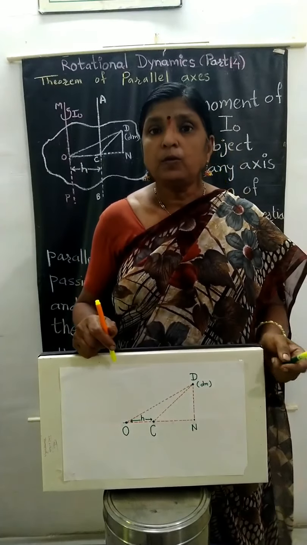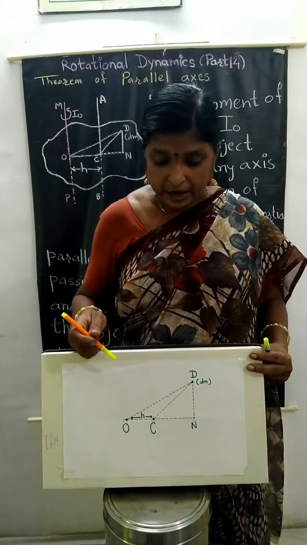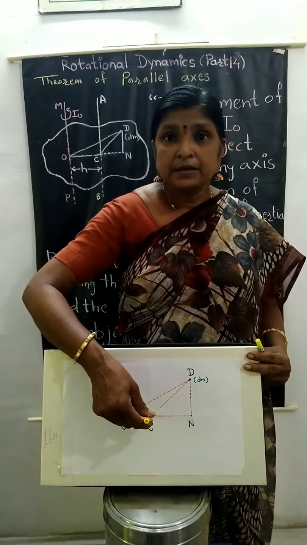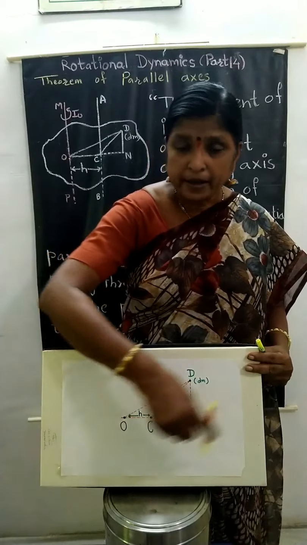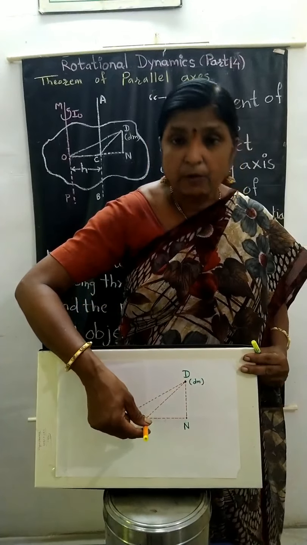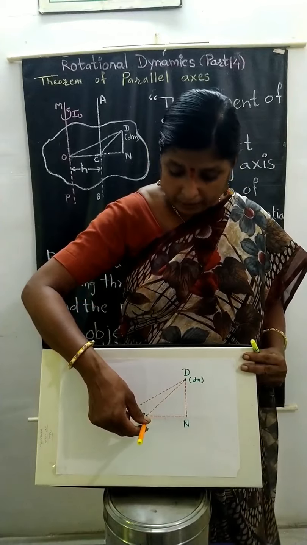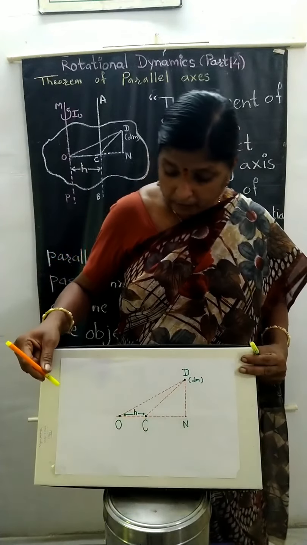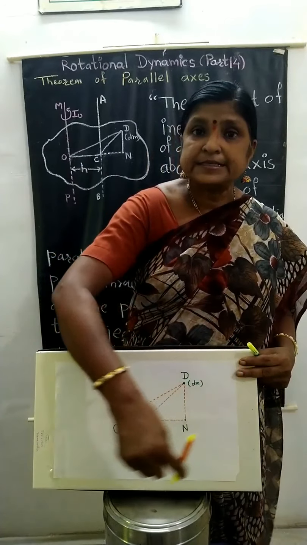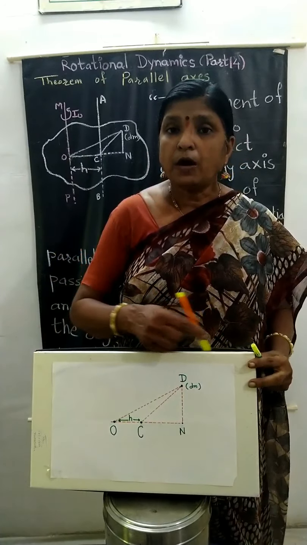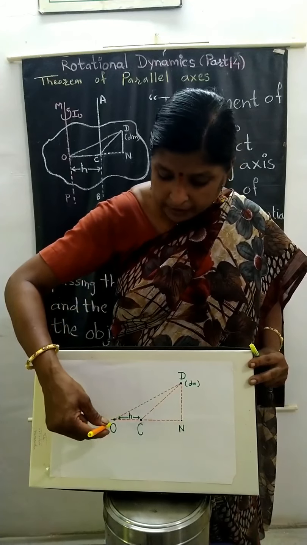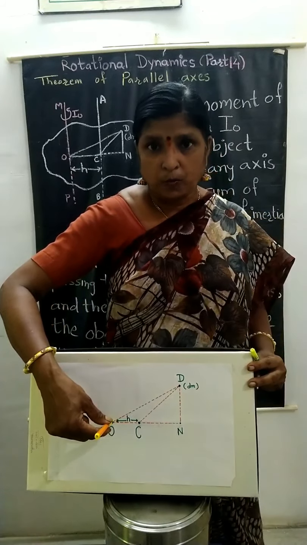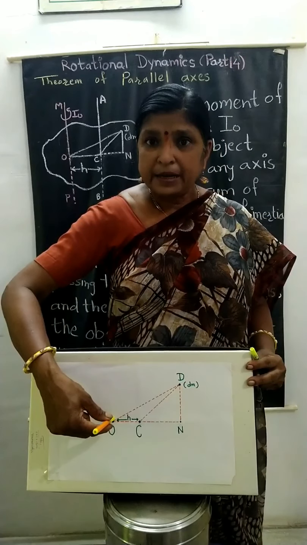If we know the moment of inertia about this center of mass for the complete rigid body, and the axis of rotation is passing through the center of mass, then we can determine the moment of inertia of the same rigid body or object about the axis passing through any point O. What is the meaning?